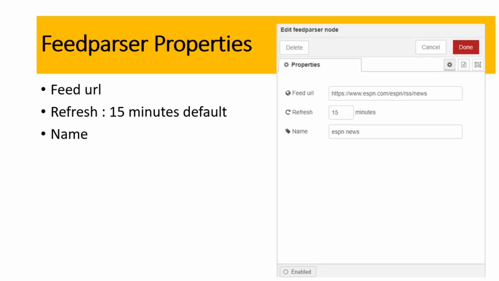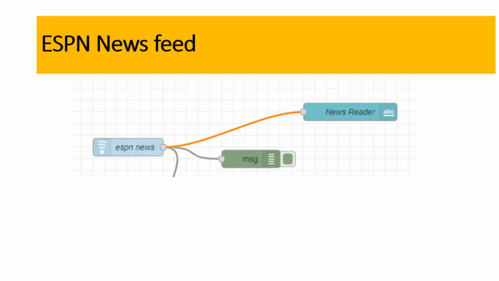Now double click your feed parser in order to edit its properties. Here you have to paste this URL, the one we copied for the ESPN RSS news. Then you can configure the refresh minutes, which by default is 15 minutes. You can change it as per your requirement. The name I have given here is ESPN news.